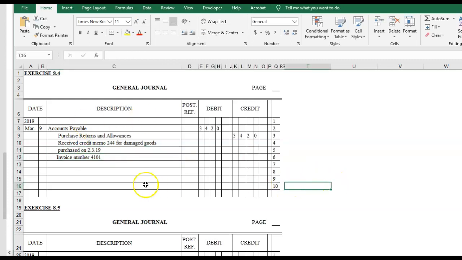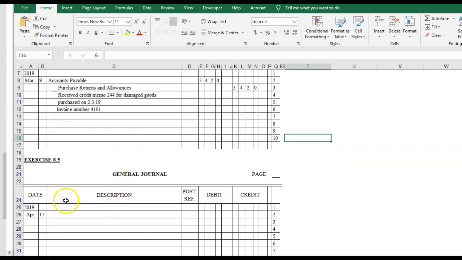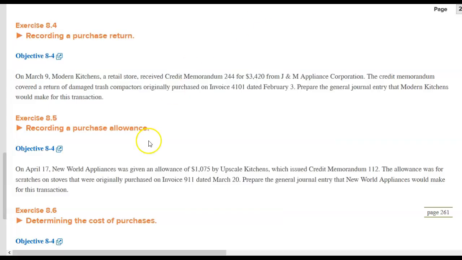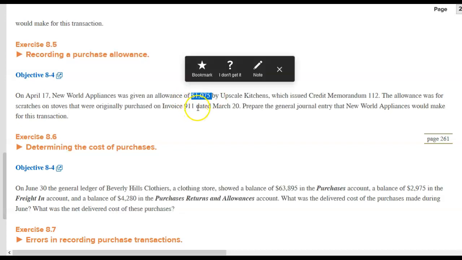We're going to do the same thing for problem 5. In fact, it's going to look exactly the same. Okay, but it's going to have a different date and a different credit and a different amount. That's it. So 8.5. April 17, New World Appliances was given an allowance of 1,000. There's your amount. Go back to accounts payable, so that's your debit, accounts payable, 1075.